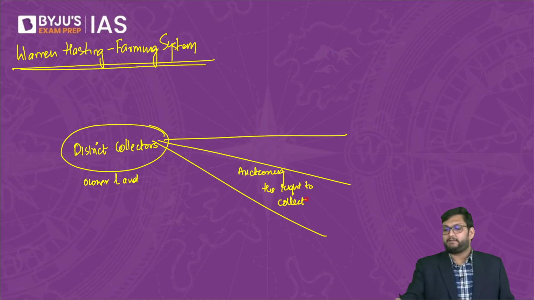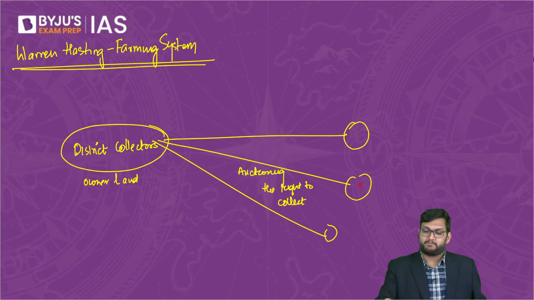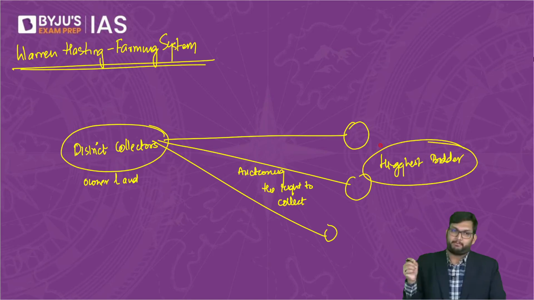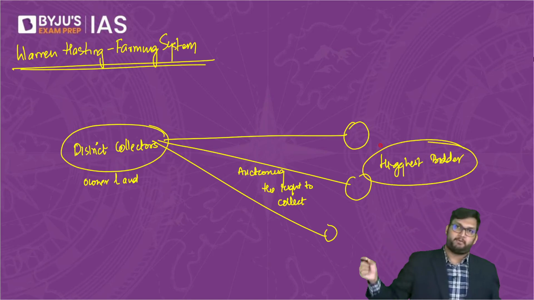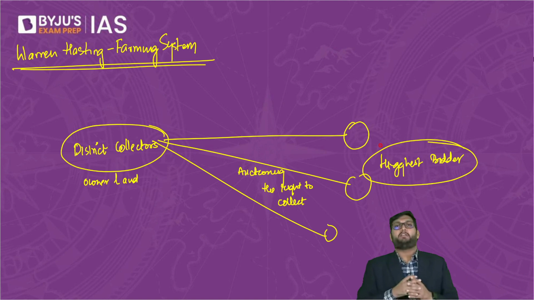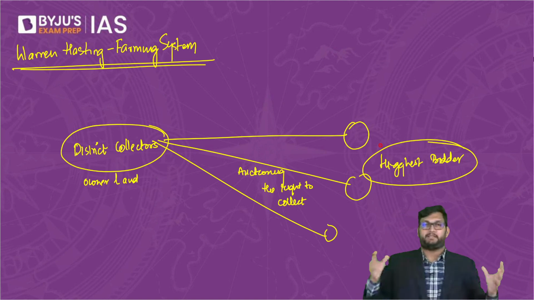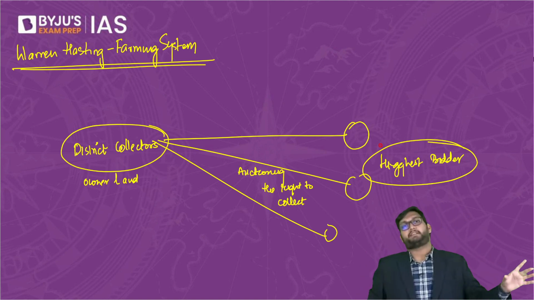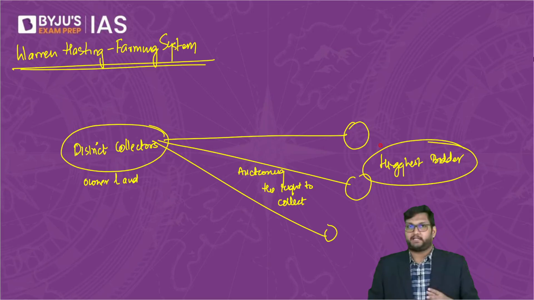And he does that by giving it to the highest bidder, and the highest bidder would say that I can give you this amount of income from a given amount of land. And basically they were able to create a chain of high bidders, or intermediaries, who were ready to go to the countryside, collect tax and give it to the district collector.